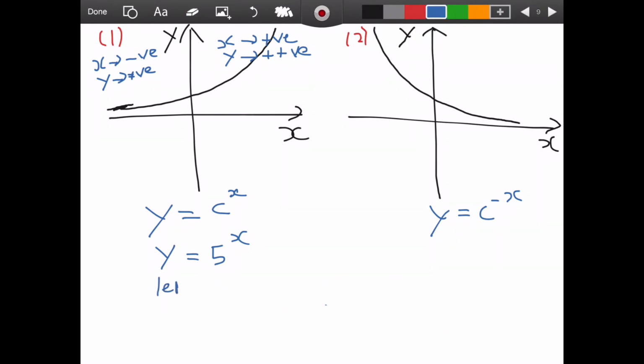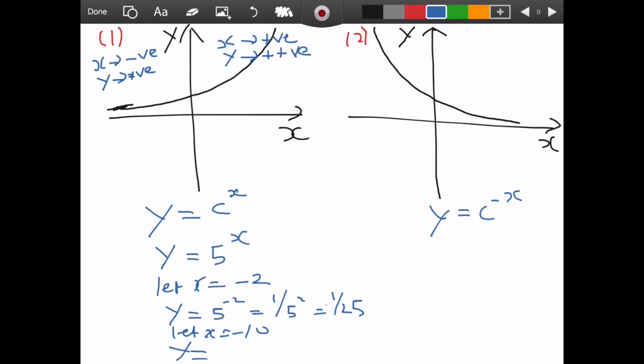When x is negative 2, y becomes 5 power of negative 2, which is 1 over 5 squared, which is 1 over 25. But if x is minus 10, y becomes a very, very small number.